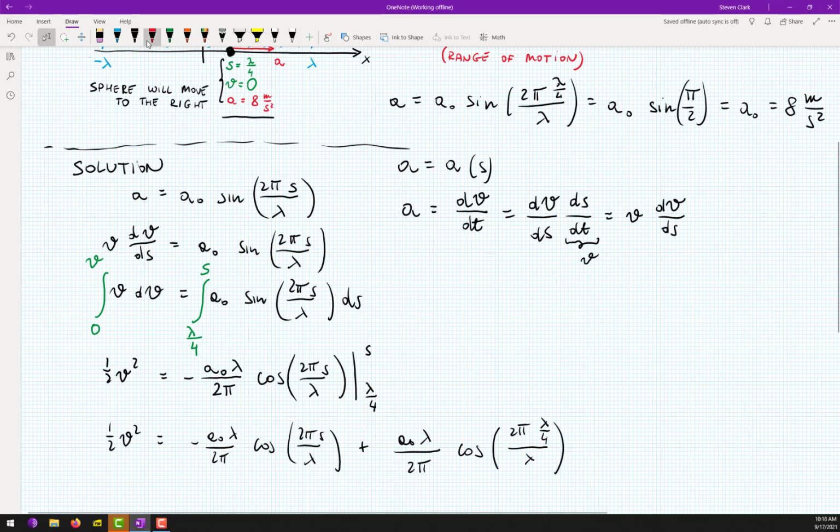Aha, so this is 0, because the argument is pi over 2, and cosine of pi over 2 is 0, so we can get rid of that.